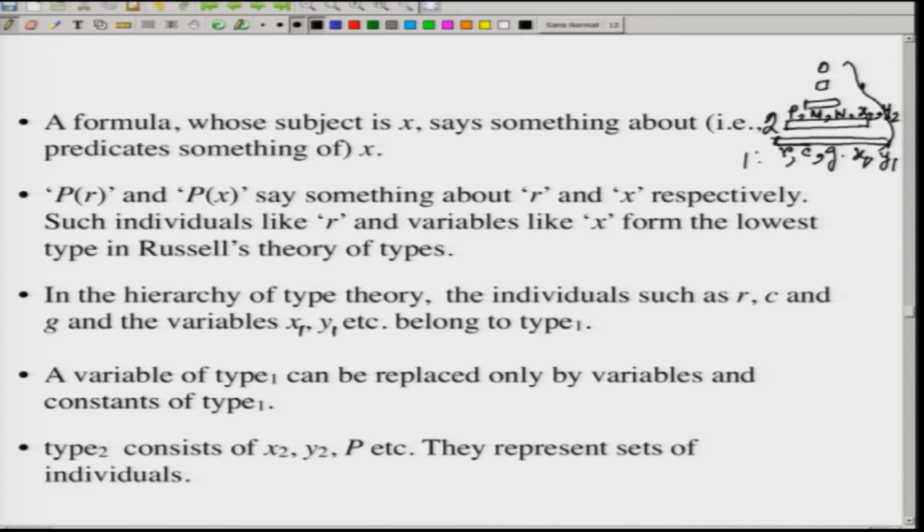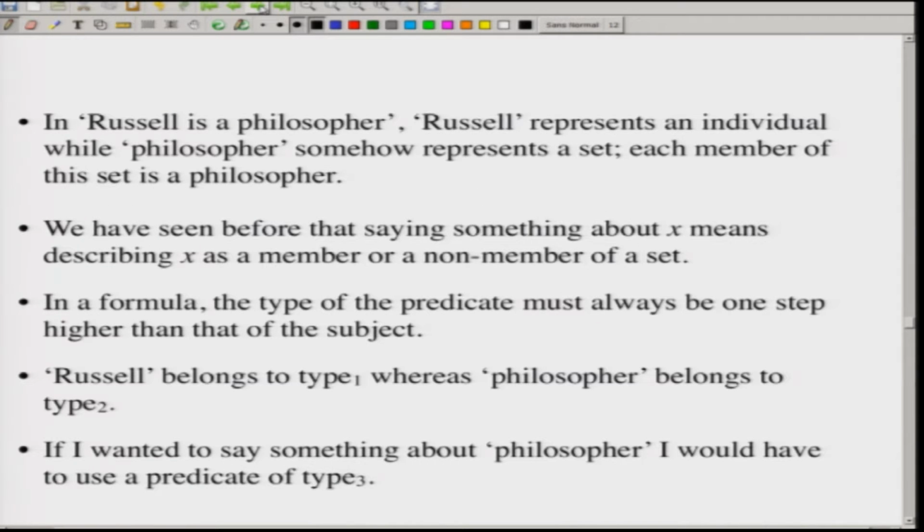So, now the moment you see 2, you know that it is one level up. So, they represent sets of individuals, and now in Russell is a philosopher, Russell represents an individual while philosopher somehow represents a set.